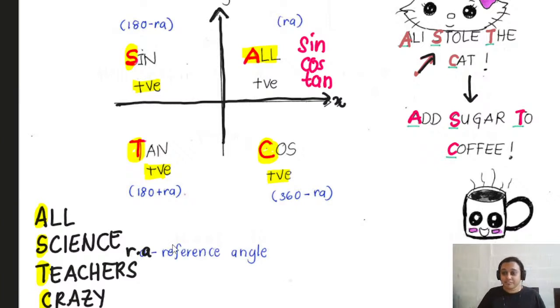Now we look at RA. RA is reference angle. Reference angle dalam bahasa Melayu ialah sudut rujukan. Take this note carefully. In quadrant 1, the first quadrant, it is the RA, reference angle.